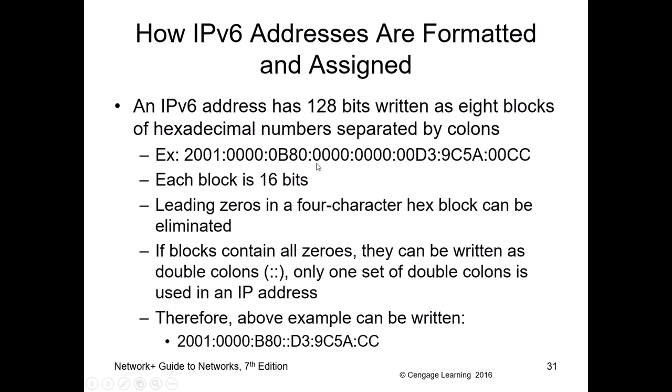When you have a lot of zeros, you can eliminate these zeros and just put an empty colon in between, right? It makes it easier. So for example, with this address, you have a whole bunch of zeros. You can just eliminate the insignificant zeros. Just write 1 0 here. Eliminate the insignificant zero. Eliminate 3 zeros, 3 zeros.